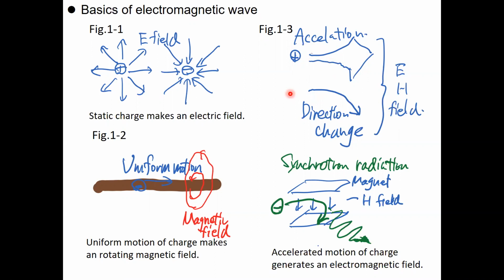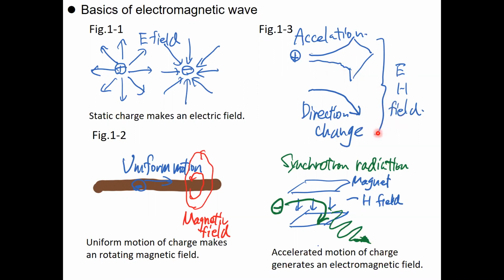At the same time, if the charge is gradually bent like this, meaning there's some acceleration in the vertical direction, this also gives electric and magnetic fields. So in summary, if there's some accelerating component in this direction or in this direction, you can generate electric or magnetic fields.